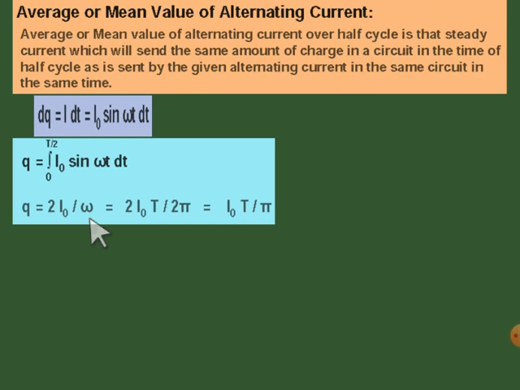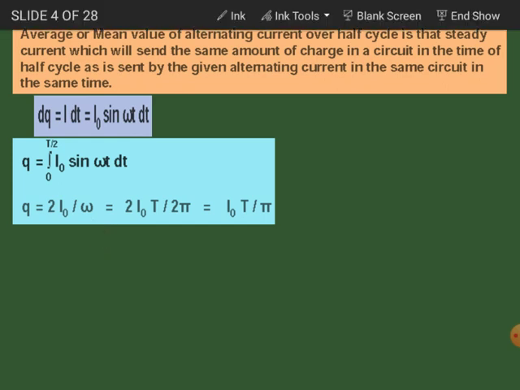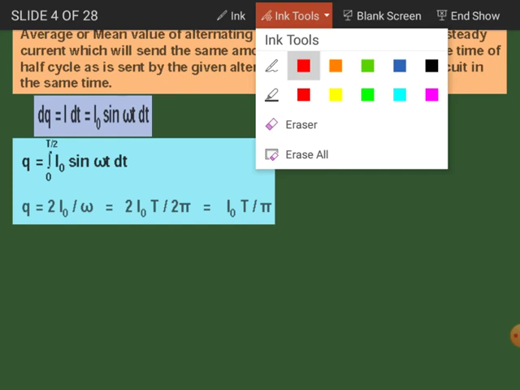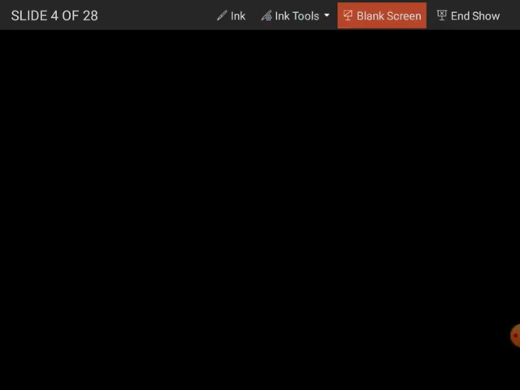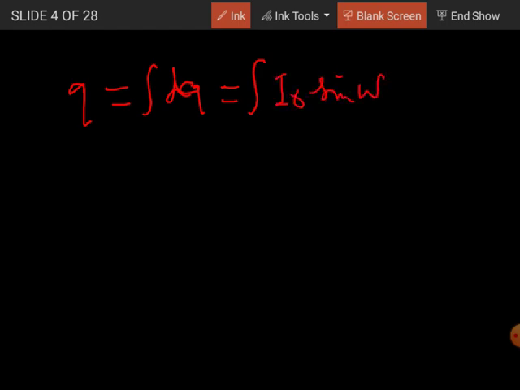Okay, now let's take a blank one. So your Q is nothing but the integration of dq, so it will be equal to the integration of I naught sine of omega t dt, and the integrating limits are from 0 to T by 2.